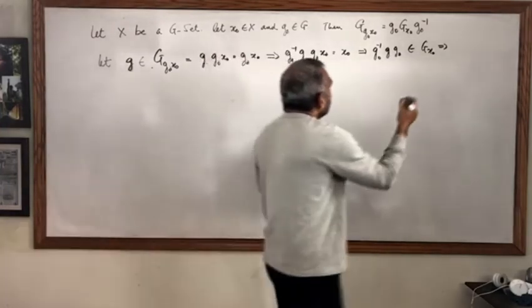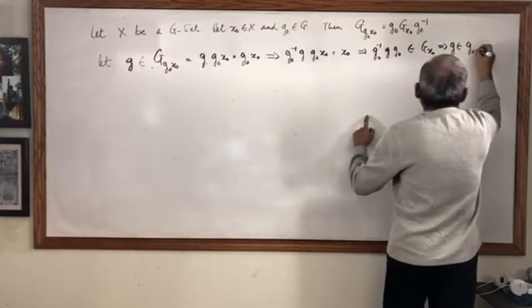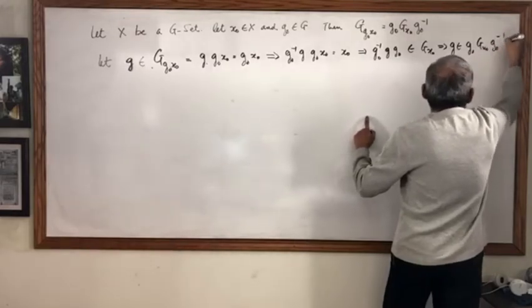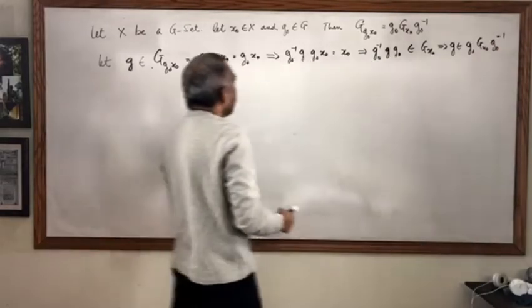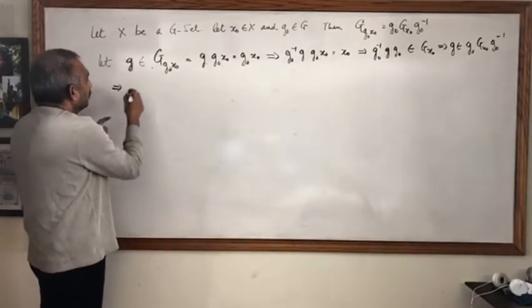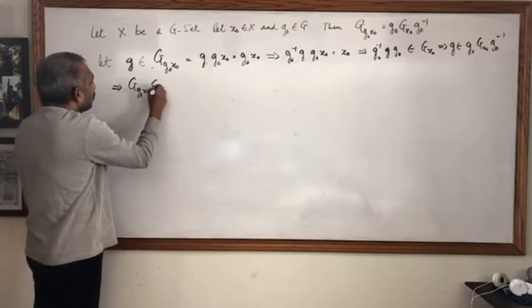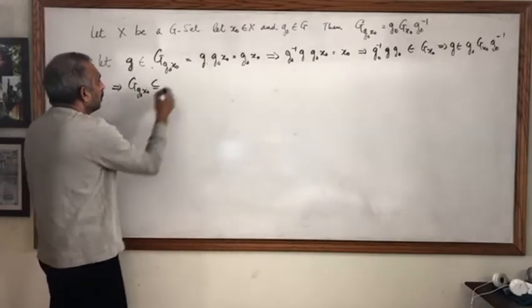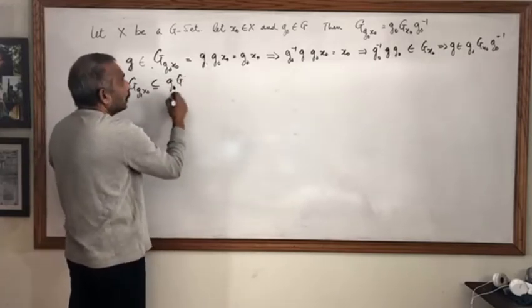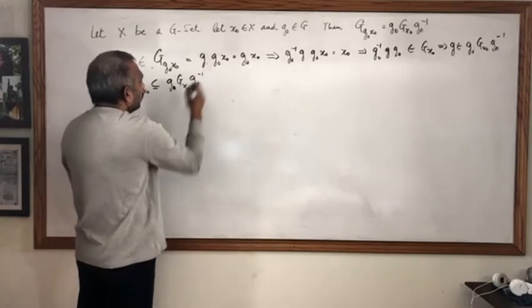This means g belongs to g0 G_x0 g0 inverse. And that implies G_{g0 x0} is a subset of g0 G_x0 g0 inverse.